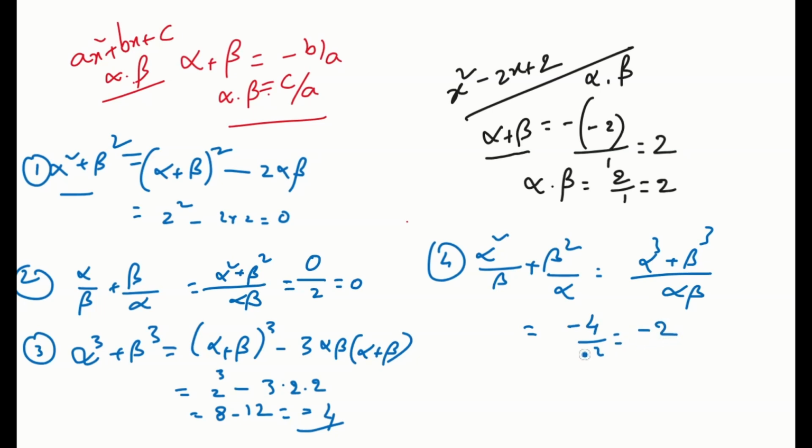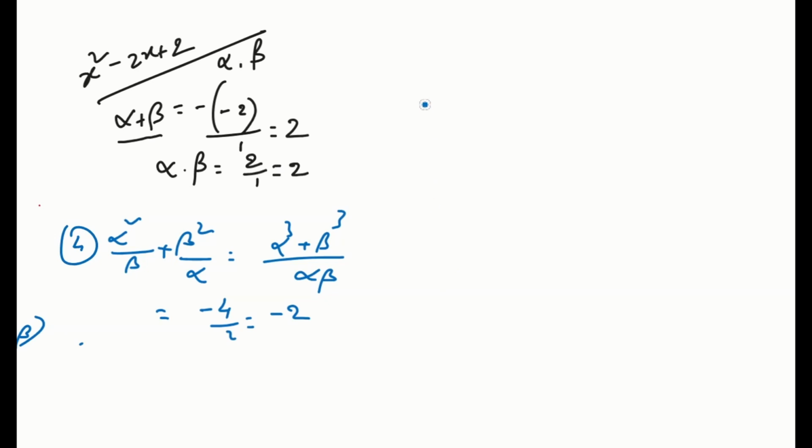Now the last one is alpha to the power of 4 plus beta to the power of 4, the fifth one, right? How do we get this one? So alpha to the power of 4 plus beta to the power of 4 equals alpha square plus beta square whole square minus 2 alpha square beta square.